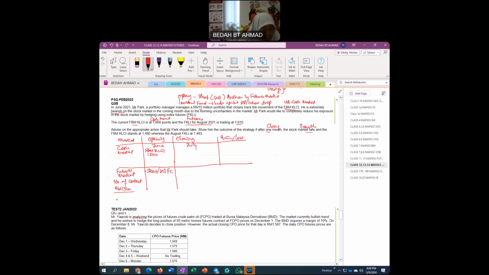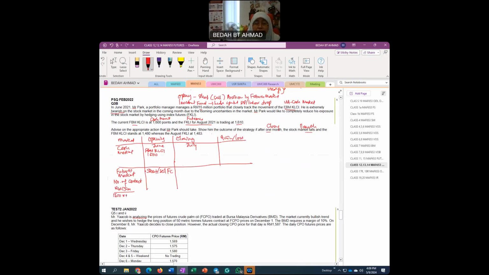So the number of contracts is based on the futures point. FKLI August point 1610 at the opening, because at the closing, August is 1483, 1 month later. So to calculate the number of contracts, the calculation is based on the futures index point at the opening.